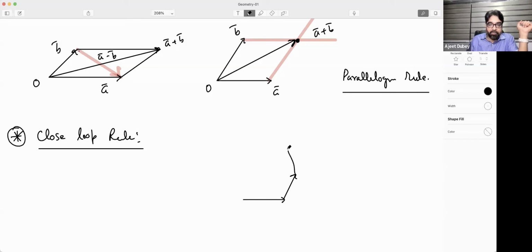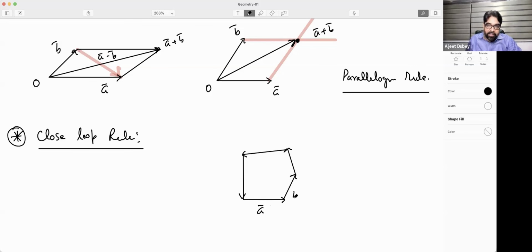It will take slightly more time to understand. I can say this is a closed loop and it's in cyclic order. Cyclic order means we move in one direction, either clockwise or anti-clockwise. It should not happen that one vector goes clockwise and another anti-clockwise.